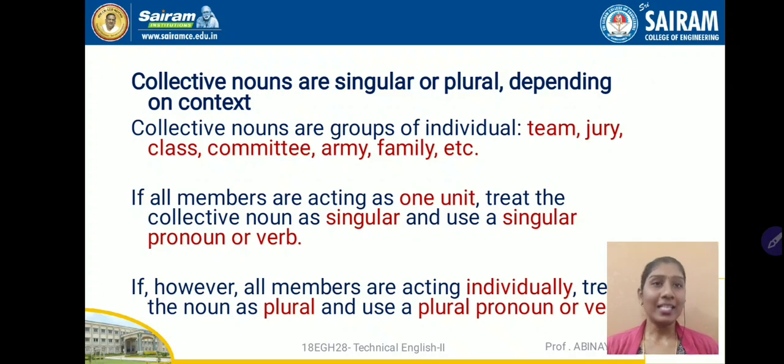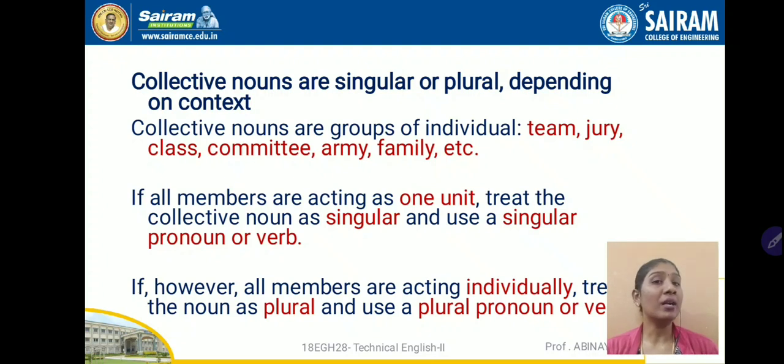Alright. Collective nouns are singular or plural depending on the context. Some collective nouns may come as singular and some as plural according to the usage. If the collective noun acts as a unit, you can take it as singular. If everybody in that collective noun is acting individually, the collective noun has to be taken as plural.